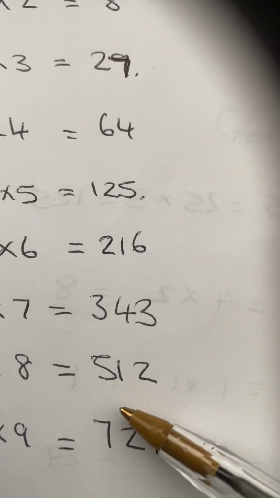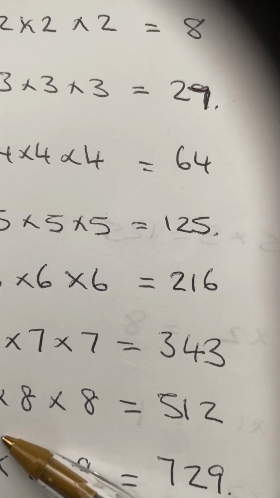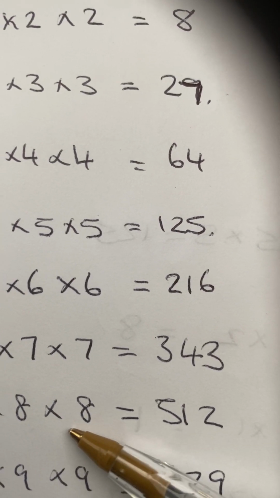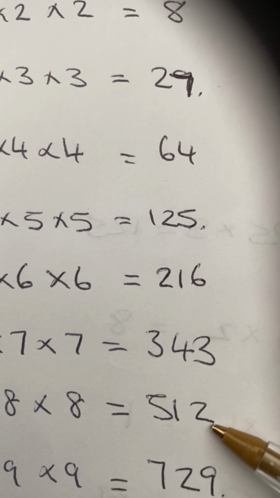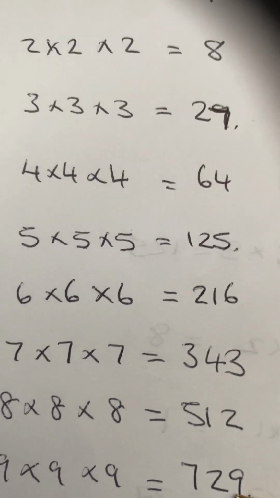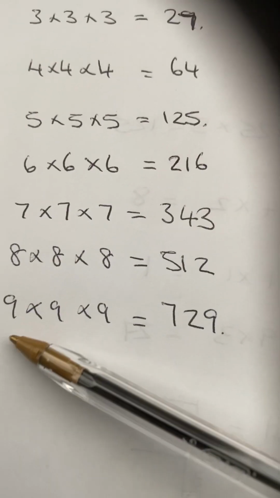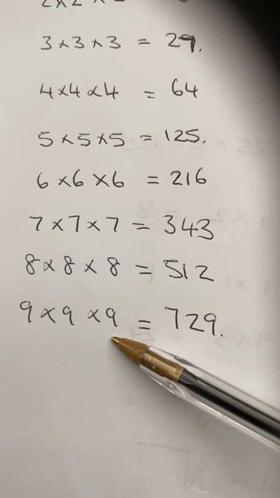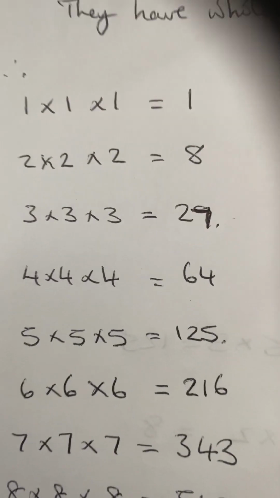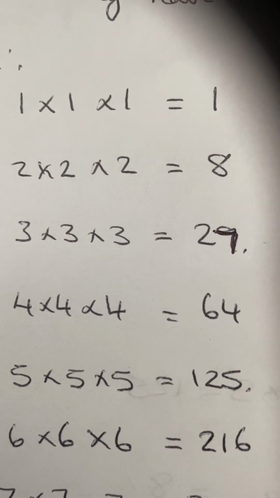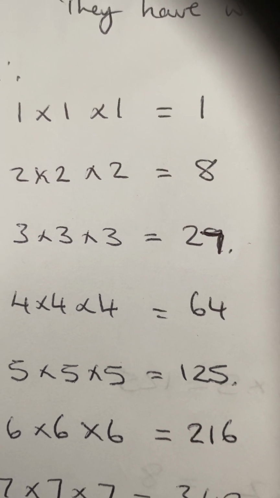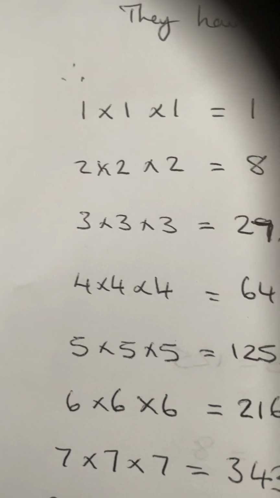The cube root of 512 is 8, because 8 times 8 is 64, times another 8 is 512. The cube root of 729 is 9, because 9 times 9 times 9 is 729.